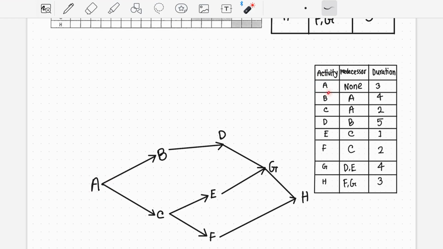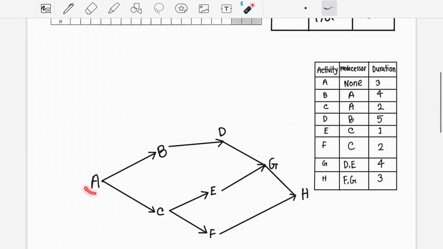But activity B will start and it depends on activity A. So B has a predecessor, which is A, and C also depends on A, so that's why I write B and C. Now for the D activity, it has the predecessor B. So D will start when B finishes. Once B finishes, then D will start.